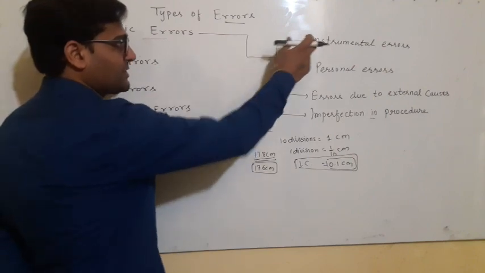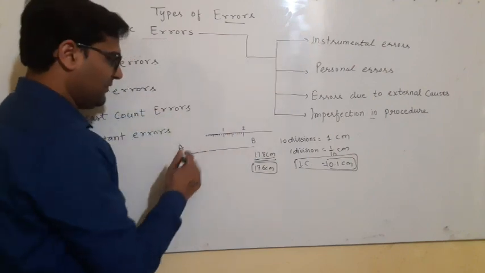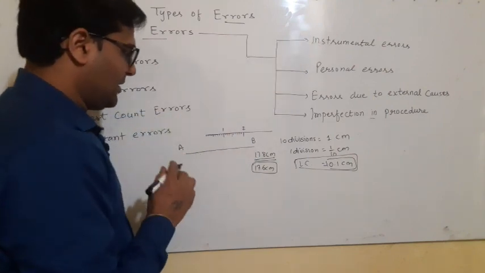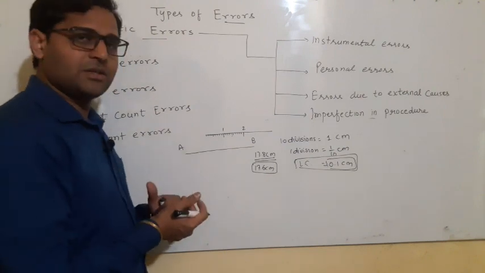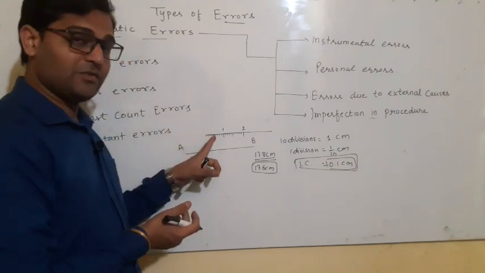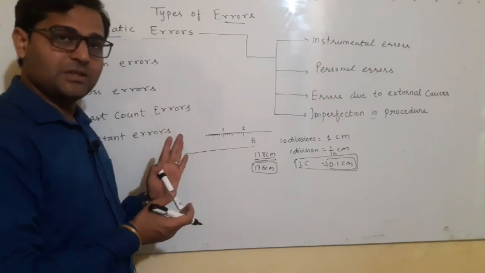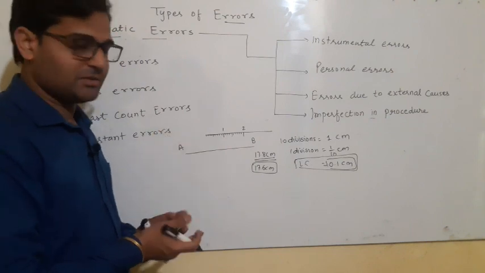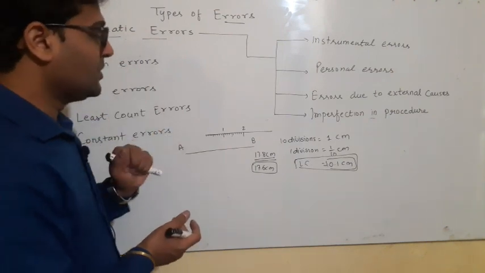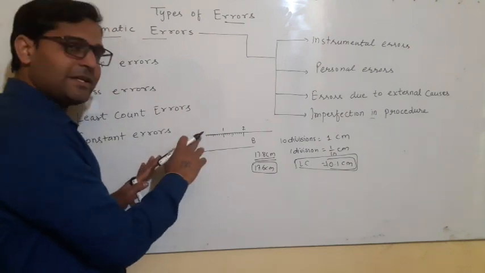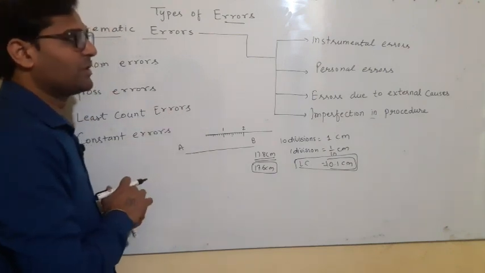So this is the first type, the instrumental error. If there are some defects in the instrument, then that instrument will give us the measured values with the errors, right? So this was the first type. We can eliminate this type by taking the good, working instrument.